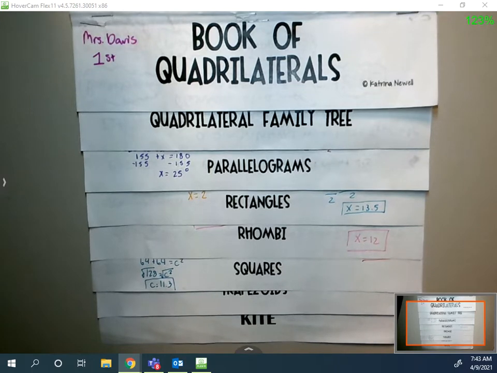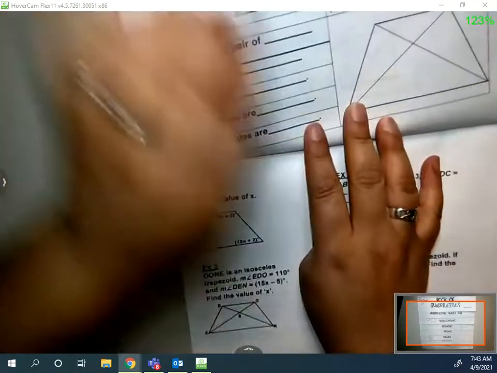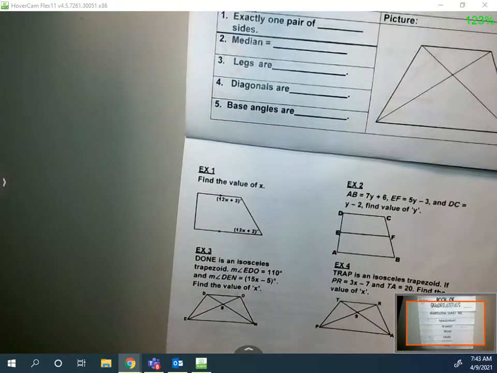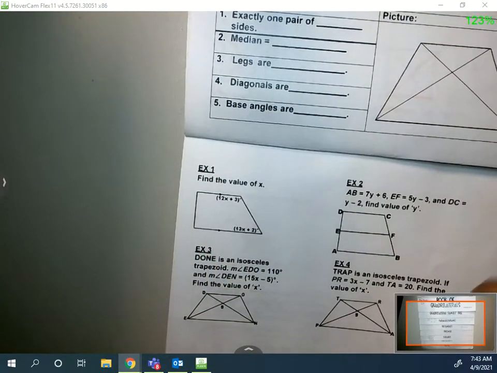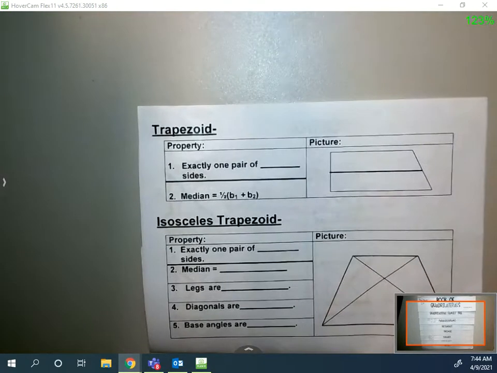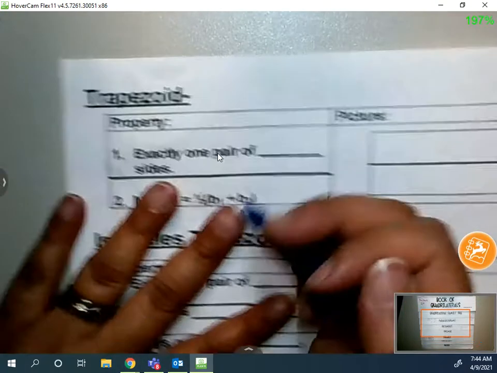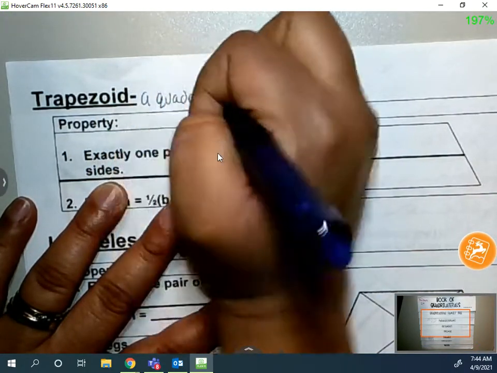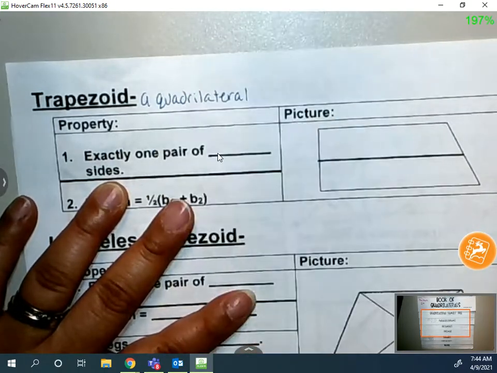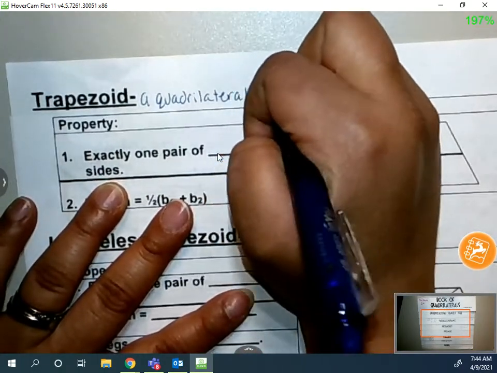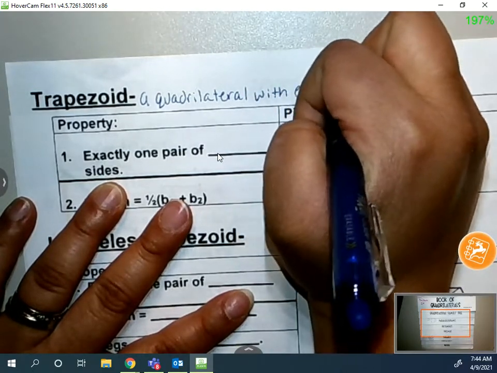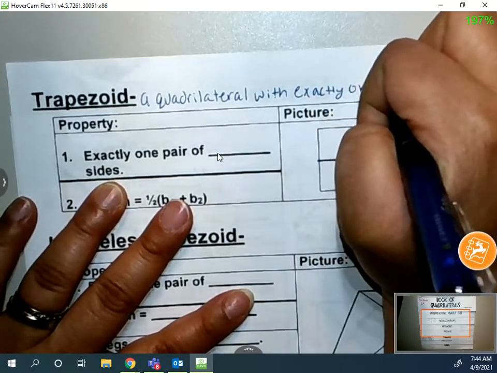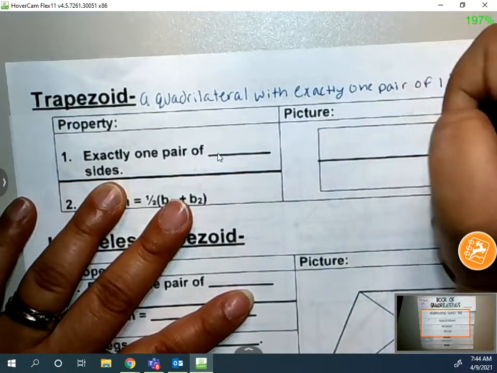Okay, let's start with the trapezoids. These are trapezoids, and kites are the two that are not parallelograms. A trapezoid is a quadrilateral with exactly one pair of parallel sides.